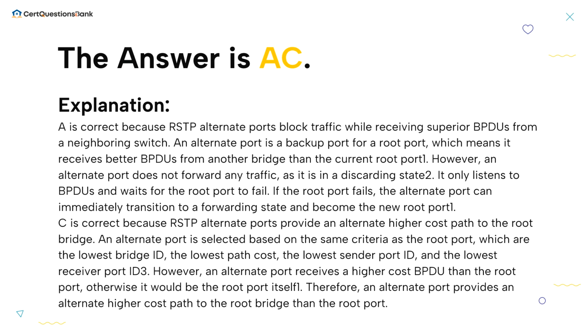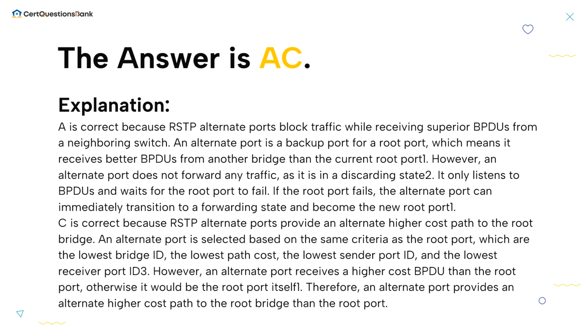A is correct because RSTP alternate ports block traffic while receiving superior BPDUs from a neighboring switch. An alternate port is a backup port for a root port, which means it receives better BPDUs from another bridge than the current root port. However, an alternate port does not forward any traffic, as it is in a discarding state too.